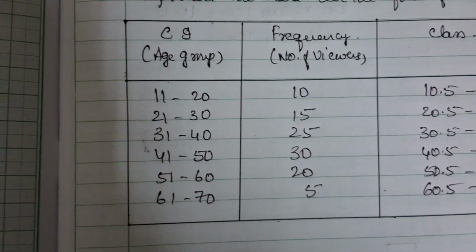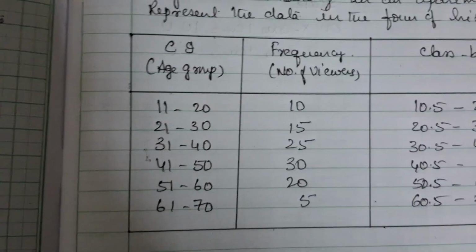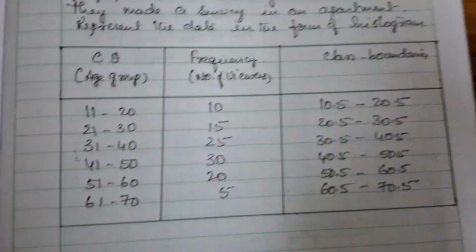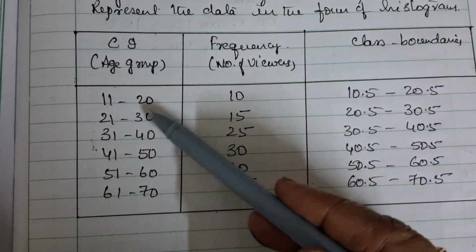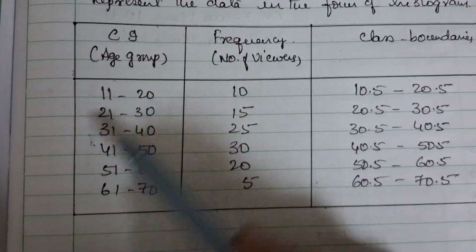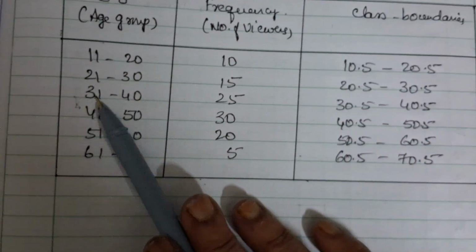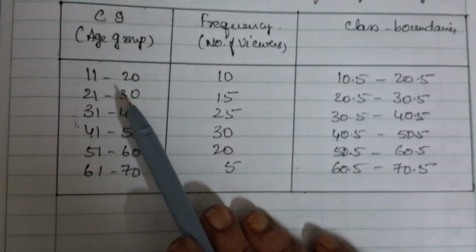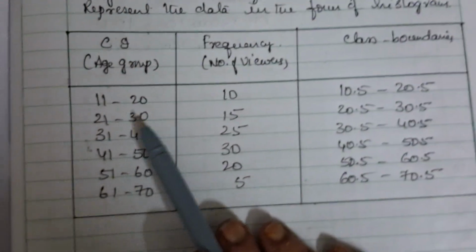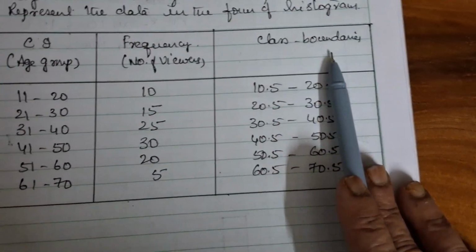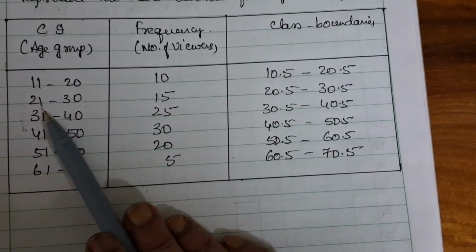Now, if you want to represent this in a graph, you need continuity here, children. I already told you, this is an inclusive type of class interval. Until and unless it is exclusive type, a histogram cannot be constructed. So to make it continuous, we need to write class boundaries. That is what I have written.